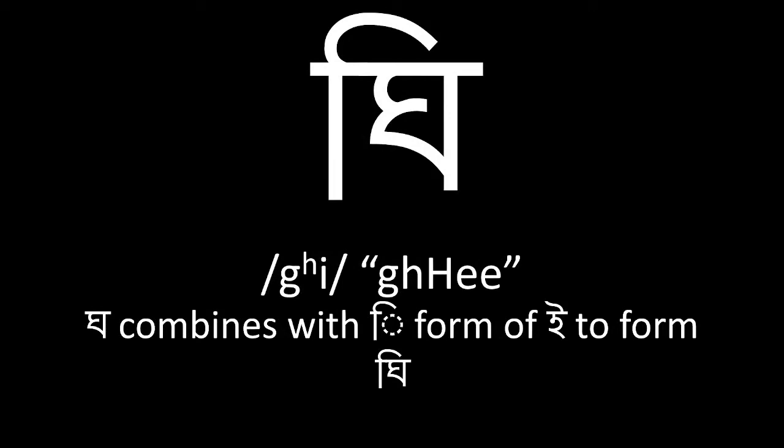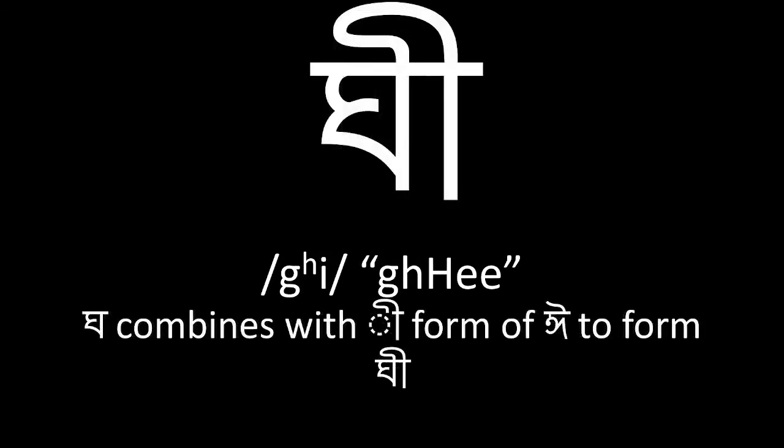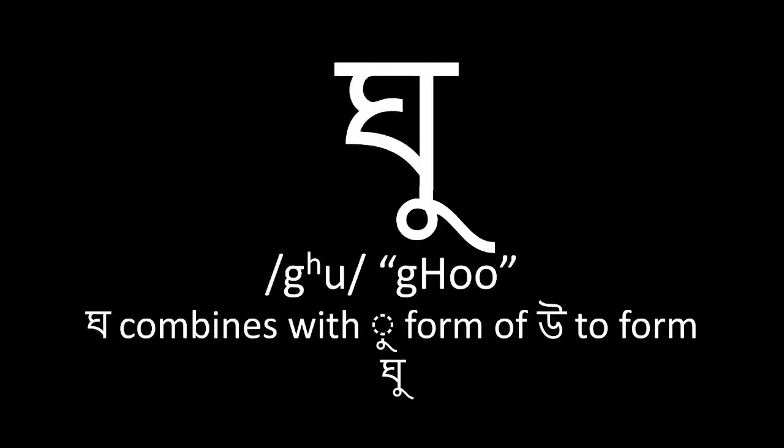Ghi, ghi, ghu. In this case, the letter gho doesn't combine in a weird and obnoxious way with the u form of this vowel u that only has one tail. Ghu, it's just the letter gho with the number 9 underneath it.